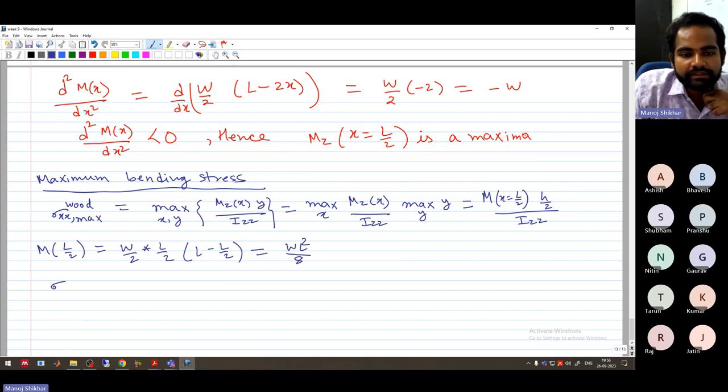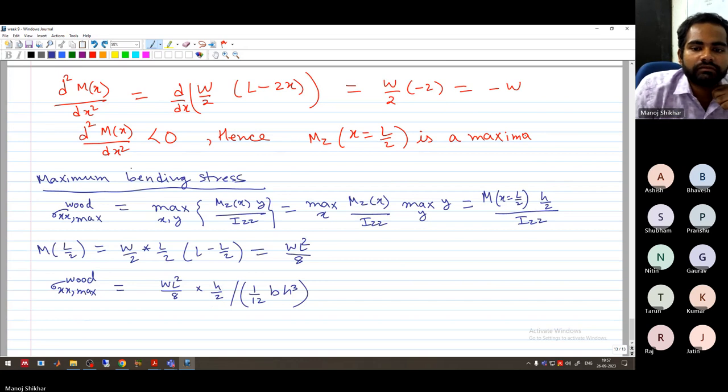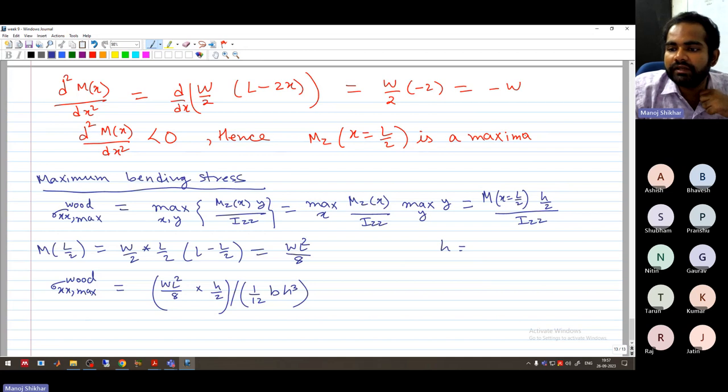So our sigma xx max for wood will be W L square upon 8 into h by 2 divided by 1 by 12 into b h cube. Remember here h equal to 10 inches, the total height of the beam.